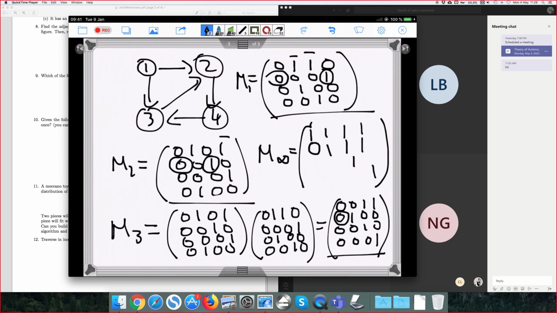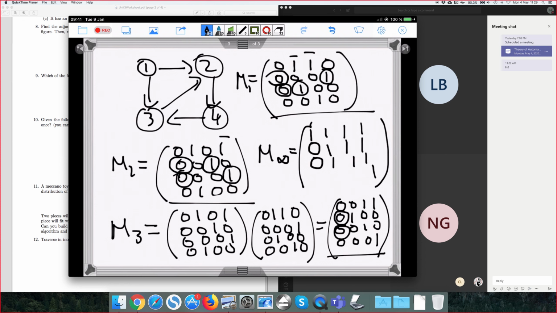Also notice that from 3 you cannot go to 1. I have 0 here, 0 here, and 0 here. But I can go, of course, to 2 because of this one. I can also go to 4 because of this one here.